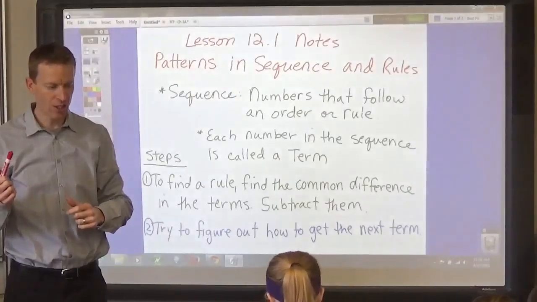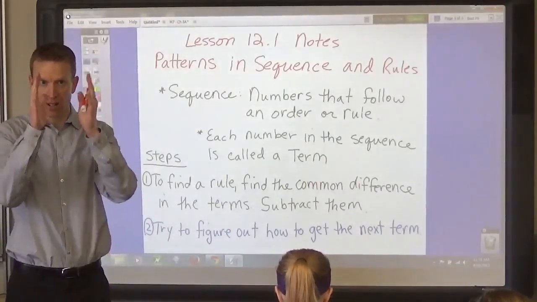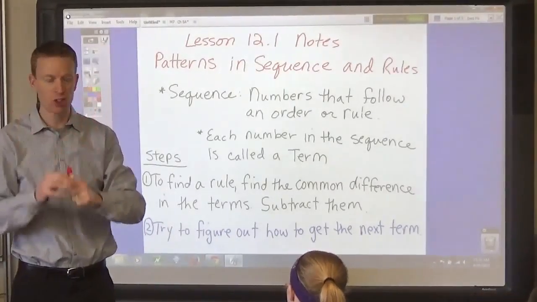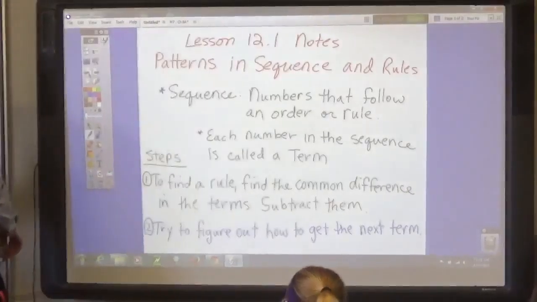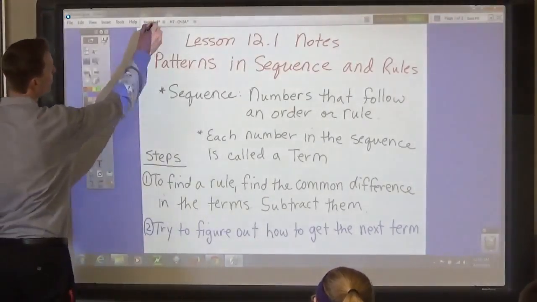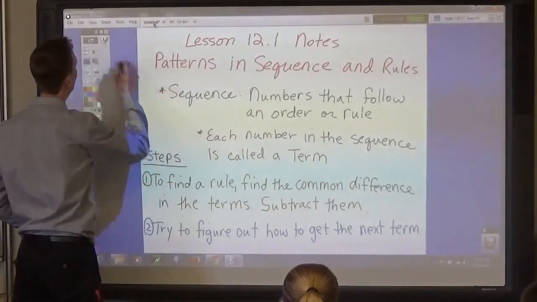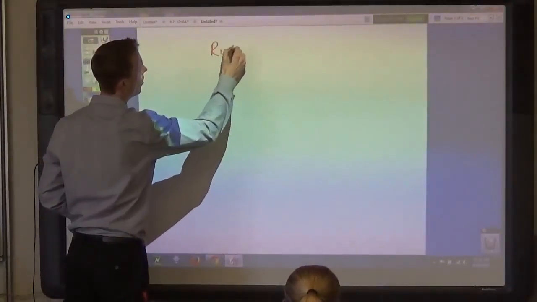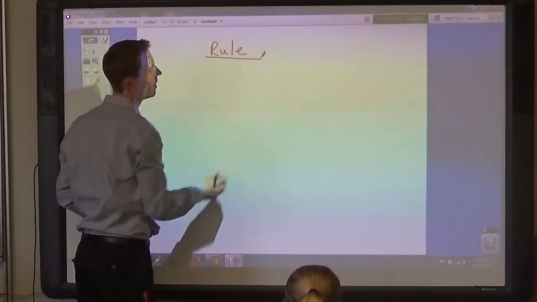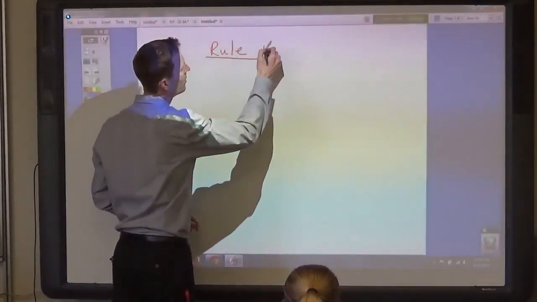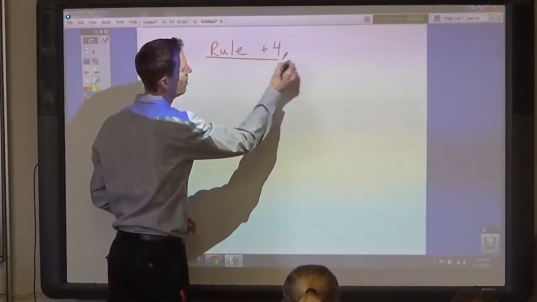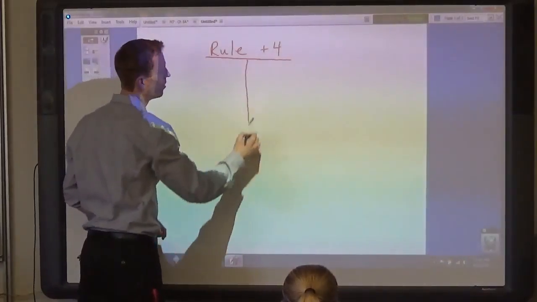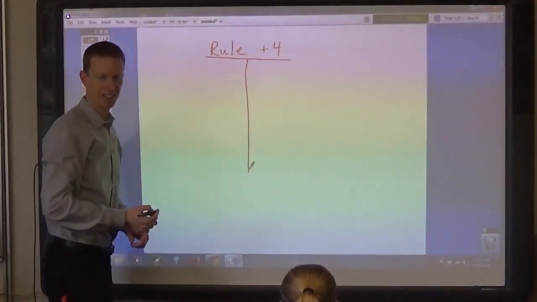I remember when I was teaching you in second grade, and we had a little chart that showed you a pattern. It would say rule, and then it would say plus 4, and then it would give you a chart like this, right?